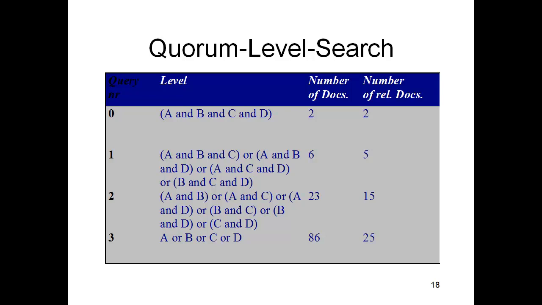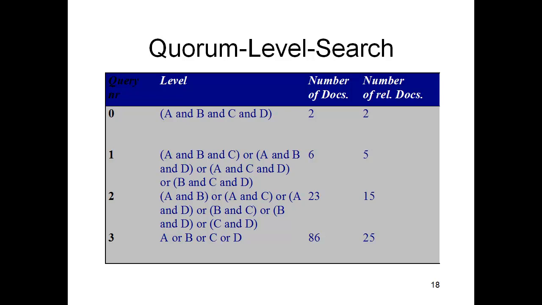It will create all combinations that have either all the words, or 1 word, or 2 words, or 3 words of these 4 terms. I don't have to worry about that. The system should automatically create these sets and show them to me and say, well, if you really want A and B and C and D, the strictest interpretation, you will only get 2 relevant documents.